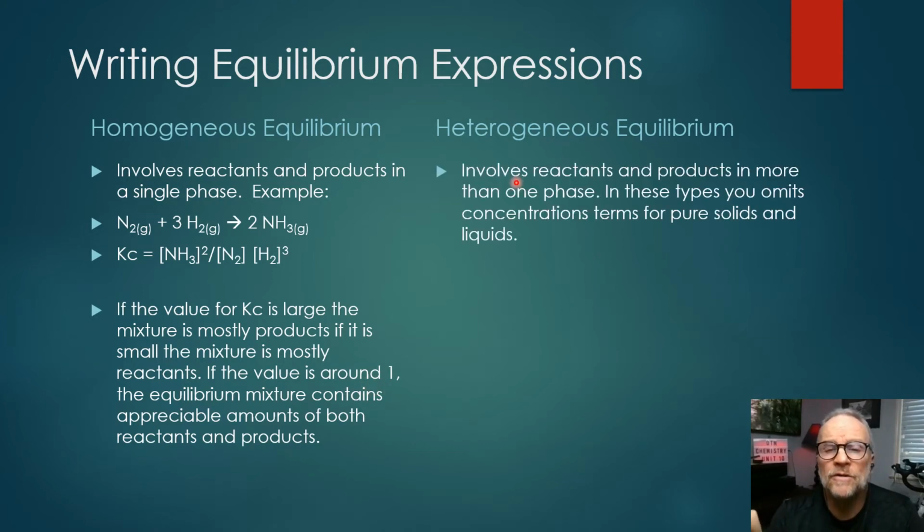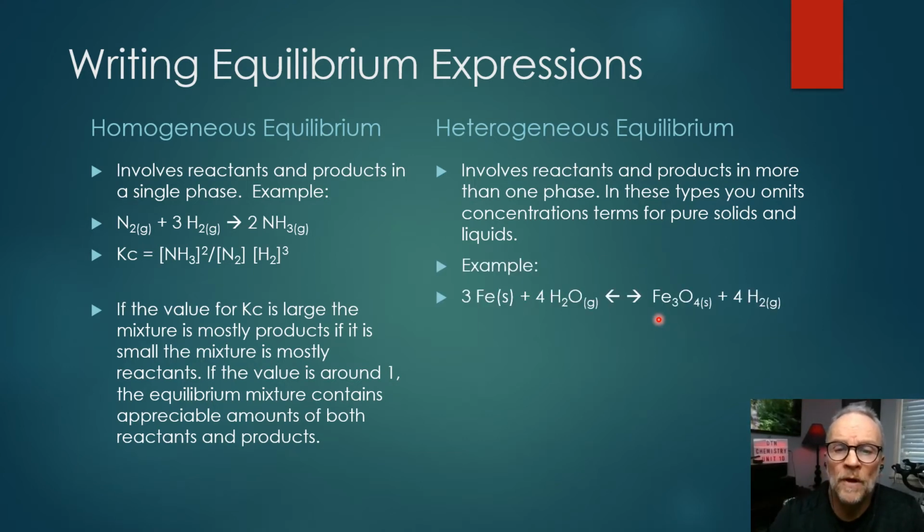So in heterogeneous equilibrium, it involves reactants and products in more than one phase. In these types, you omit concentrations of pure solids and liquids in the equilibrium expression. An example here is one where we have iron and water in the gaseous state.